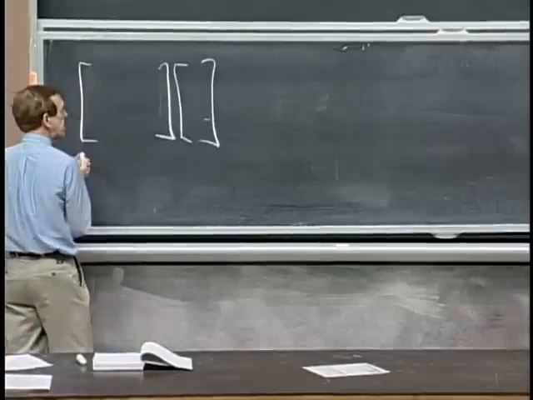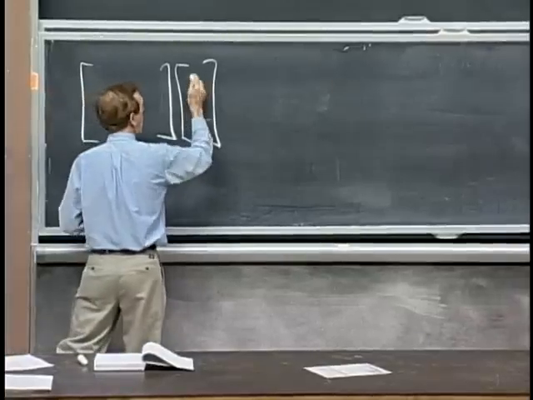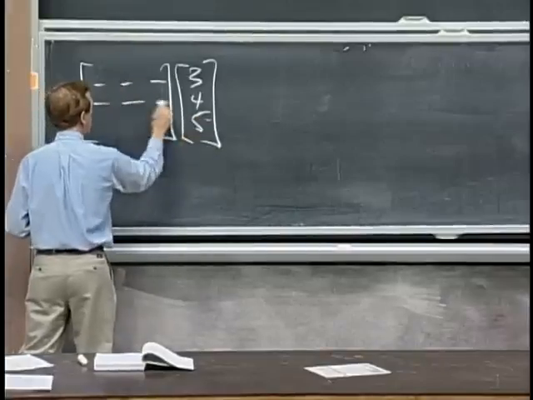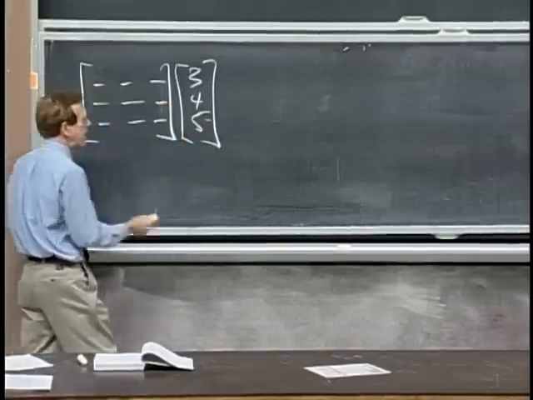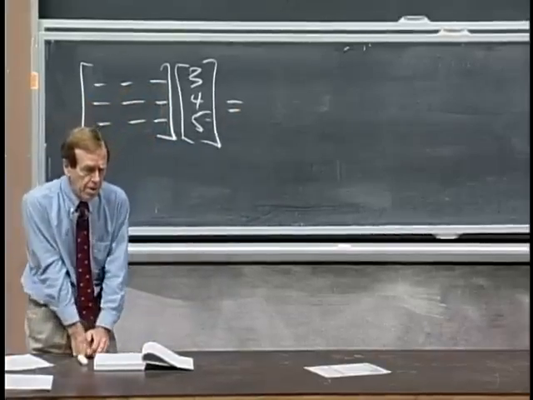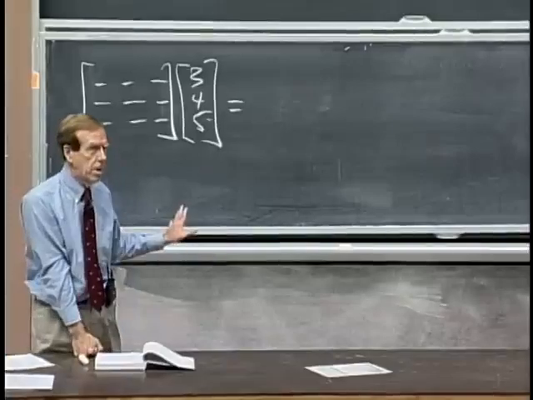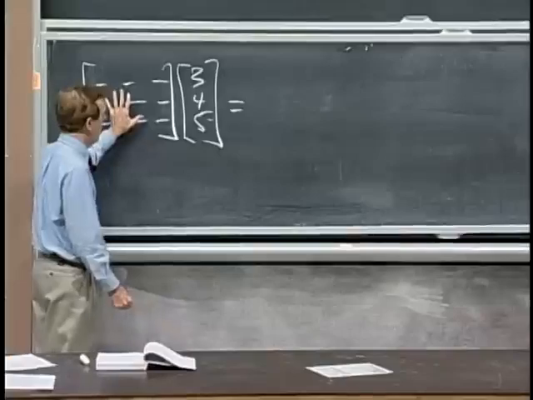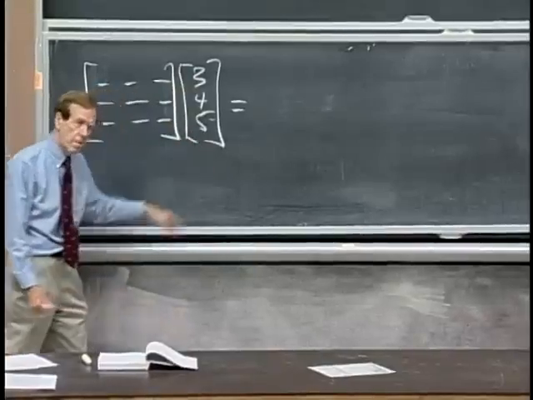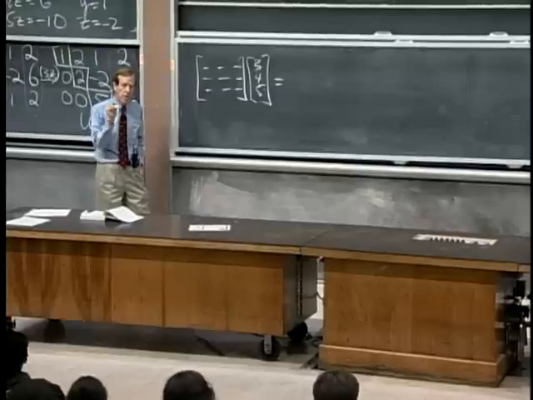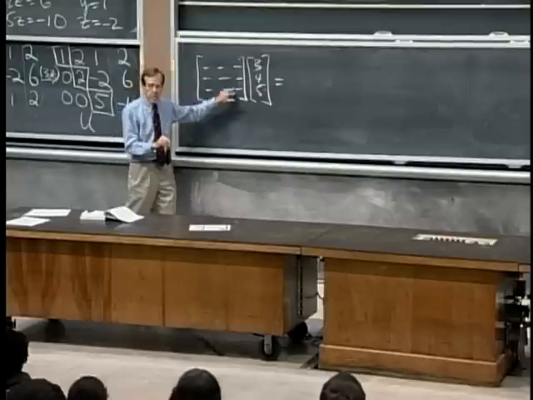If I have some matrix there and I multiply it by 3, 4, 5, let's say, the result of multiplying a matrix by some vector is a combination of the columns of the matrix.